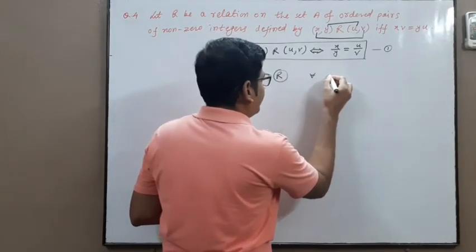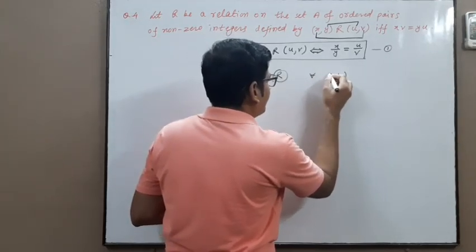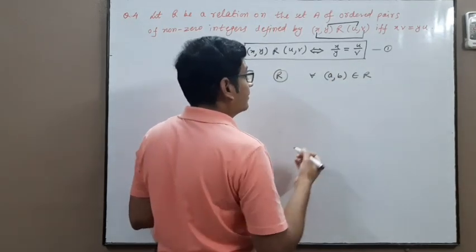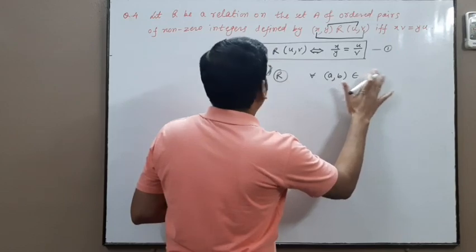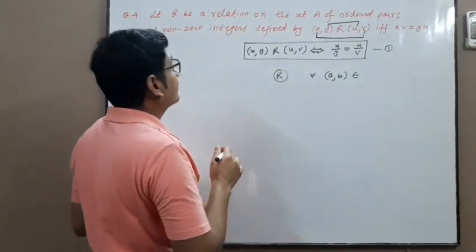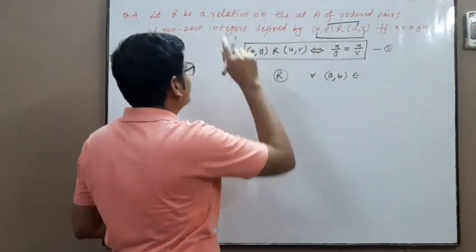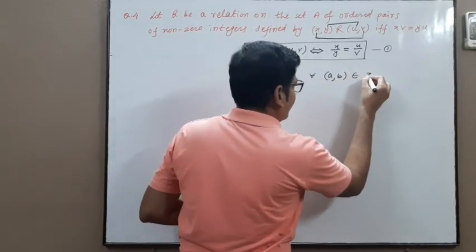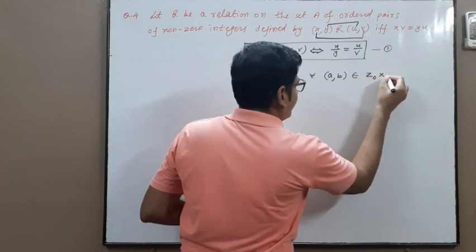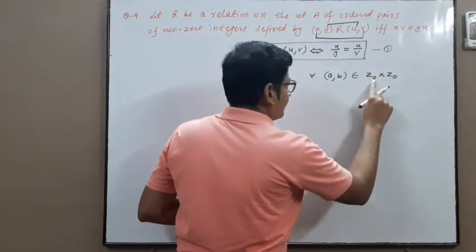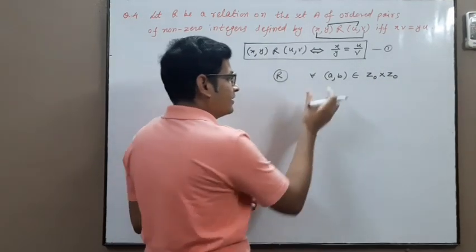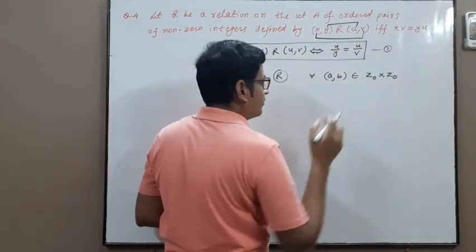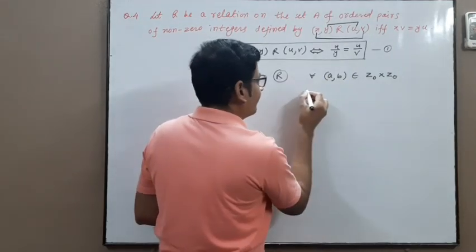for every (a, b) belonging to relation R, ordered pairs of non-zero integers. The set of non-zero integers is denoted by Z0. So this ordered pair belongs to Z0 cross Z0.